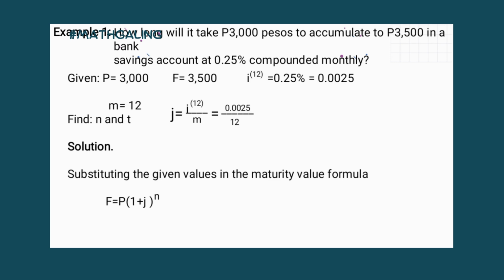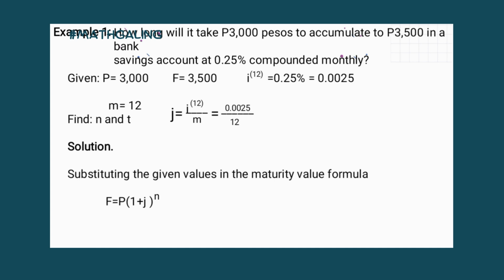So the given is our present value is 3,000 and our maturity value is 3,500 and our i raised to the power of 12 is equal to 0.25%.